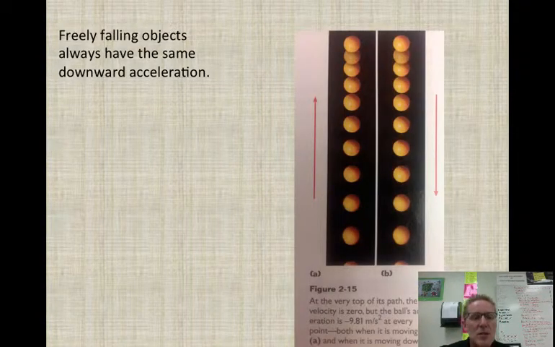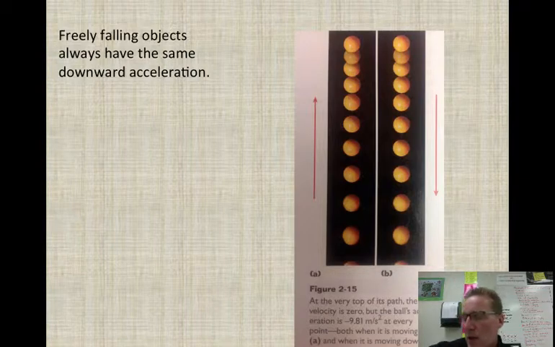In some of the free fall problems, we will have an object that has an initial velocity upward. Something we need to be mindful of is that the acceleration due to gravity is always acting on that object, and it's always downward.